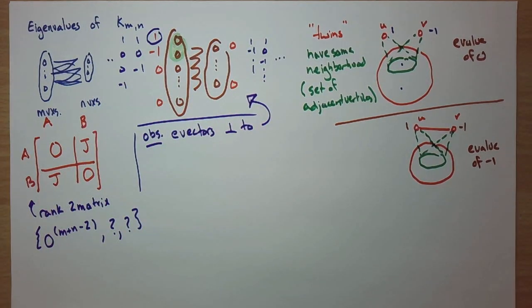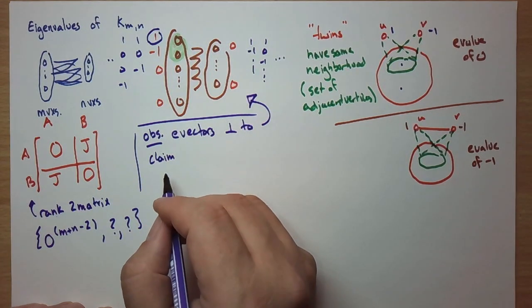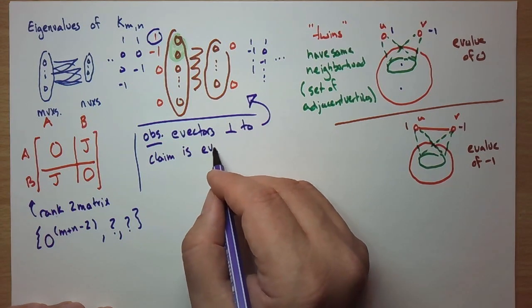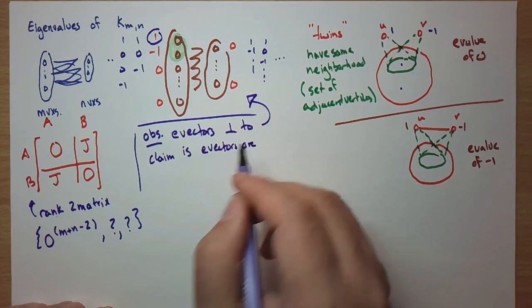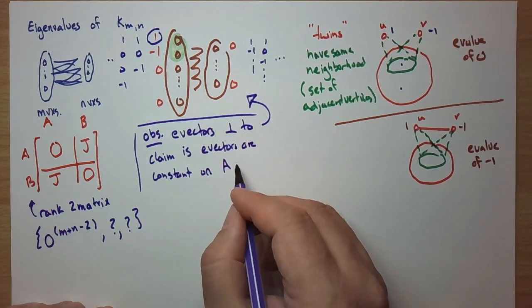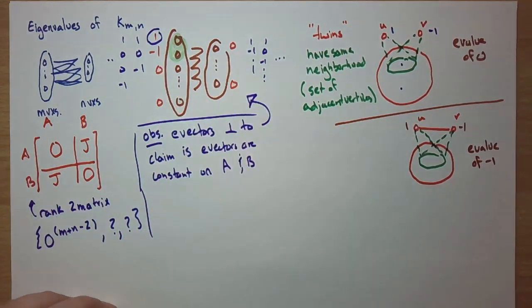I have a claim. I guess you shouldn't put a claim in an observation. So the claim is the eigenvectors are constant on the two parts A and B. Remember, A is the left, B is the right. So the remaining eigenvectors have to have the exact same value on the left-hand side for all the vertices. All m vertices have the same value. And all the vertices on the right-hand side all have the same value.